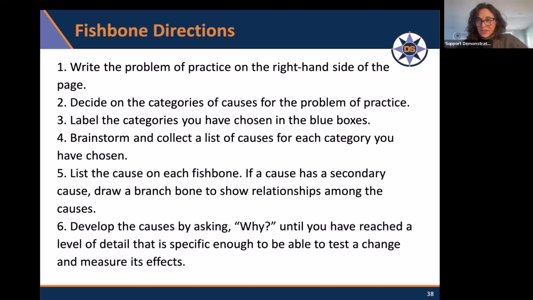And these are the directions right here. So like I said, you're going to write the problem of practice, and then you're going to think about the categories. You're going to label those categories, and I have a slide right after this to show you in the blue boxes. And then you're going to brainstorm and collect causes for each category that you chose, and list them on each fishbone.